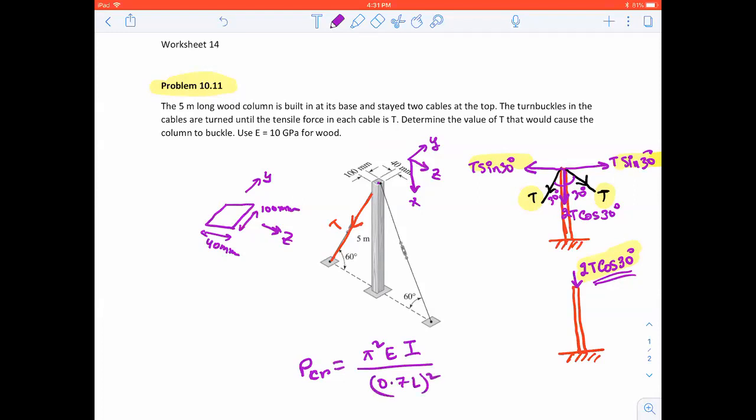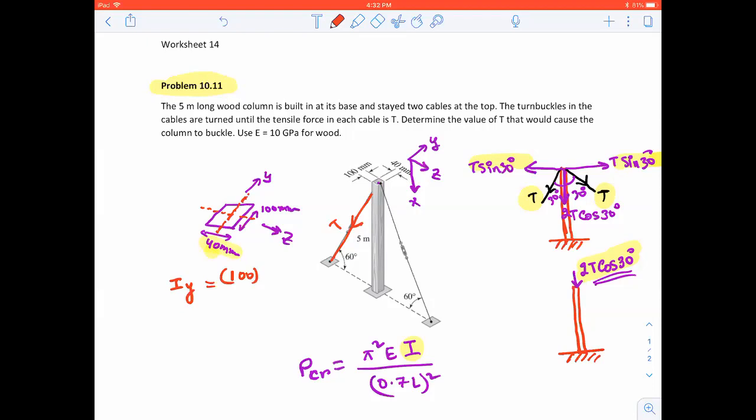Now, which I you write depends on which direction has the lowest moment of inertia. The lowest moment of inertia will be about the y direction. So your B is actually 100, and your H is 40, because you're taking the moment of inertia about the y axis.